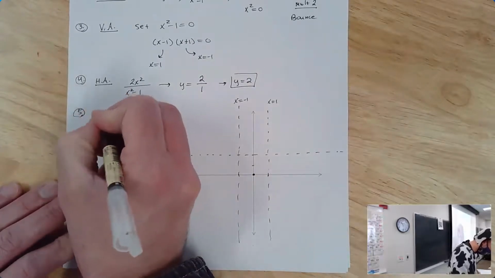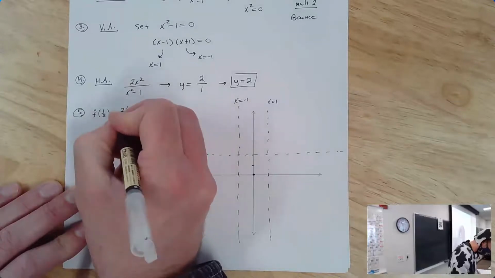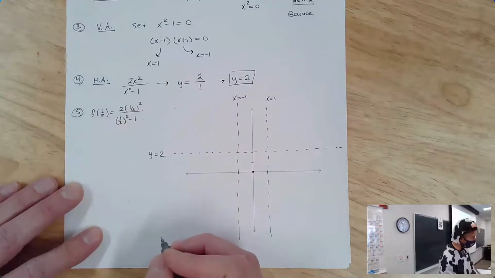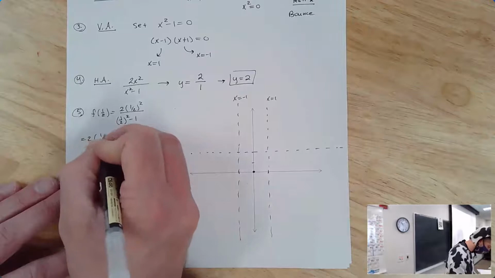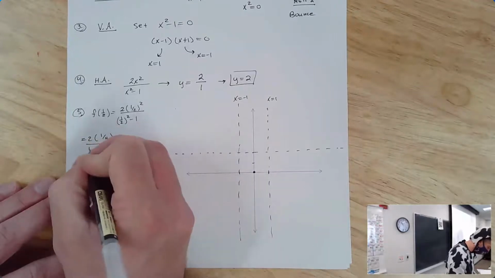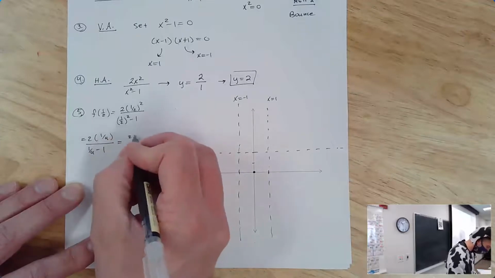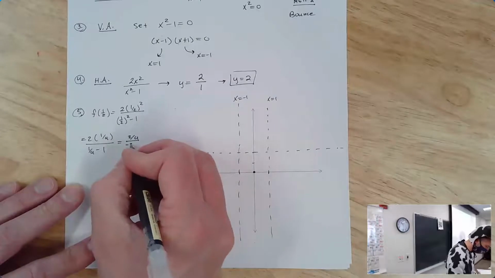f of 1/2 is 2 times 1/2 squared over 1/2 squared minus 1. I don't really care about the value, but I'm going to find it anyway. I get 2 times 1/4 over 1/4 minus 1. That's going to be 2/4, which I know reduces, and 1/4 minus 1 is negative 3/4.